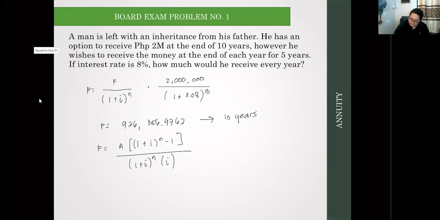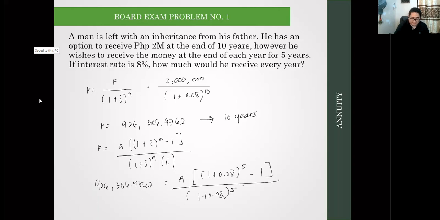So, 926,386.9762 equals to A. So, 1 plus 0.08 raised to 5. Yun yung gusto niya, 5 years lang. All over 1 plus interest rate, 0.08 raised to 5 times yung interest rate natin na 0.08.